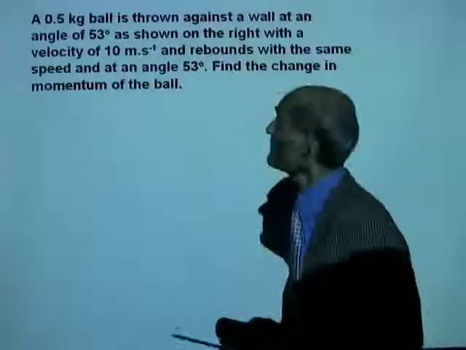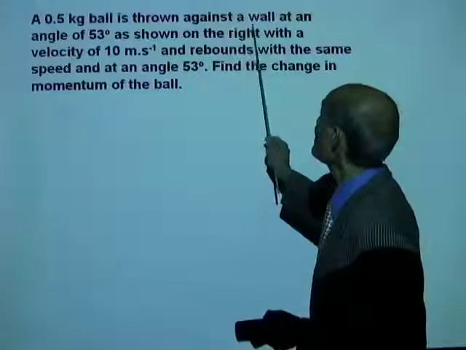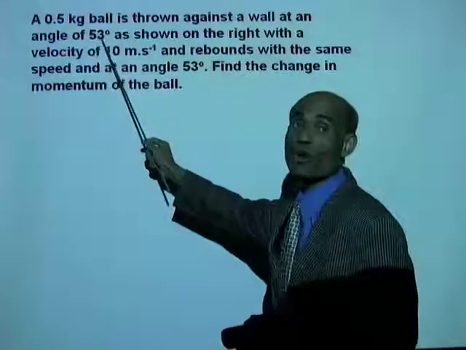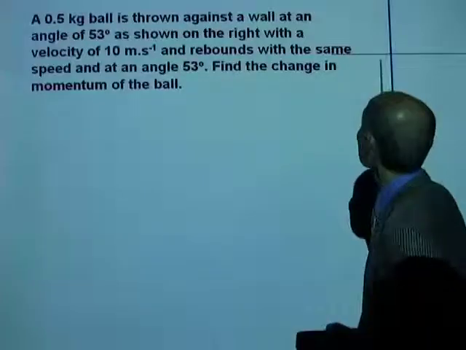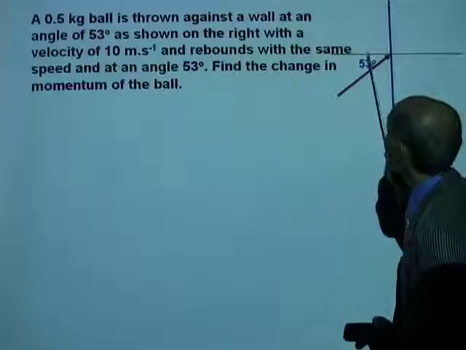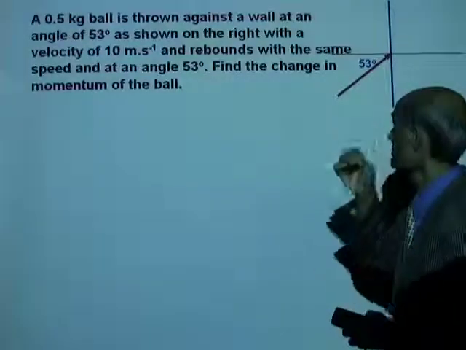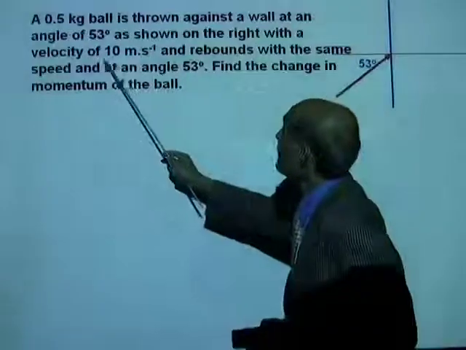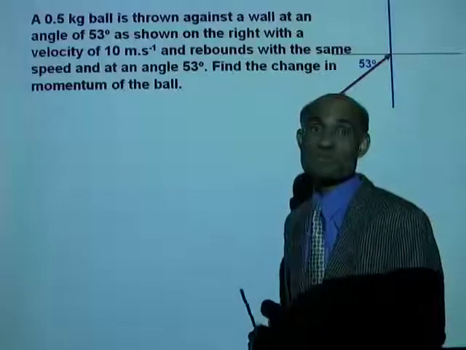The problem: a 0.5 kilogram ball is thrown against the wall at an angle of 53 degrees as shown on the right. Here is the ball thrown at an angle of 53 degrees. That is the angle, 53 degrees. And the initial velocity is 10 meters per second.